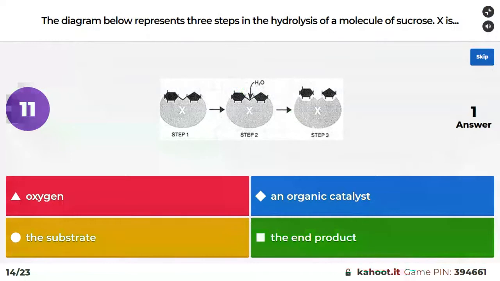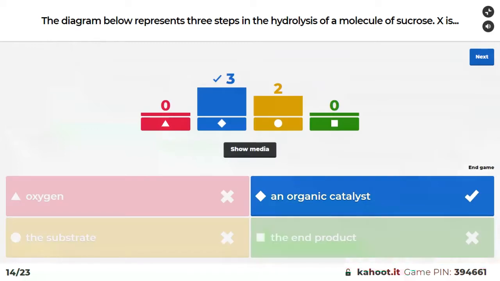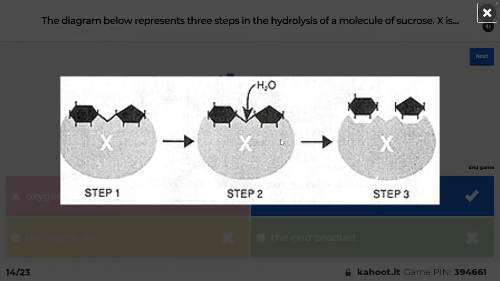So X is in white, if you're having trouble seeing that. The X is in white. So what would molecule X be? Yes, a catalyst is another word for enzyme, if you were confused about that. So here's the picture, and they wanted to know the identity of this molecule X here, which is the enzyme.